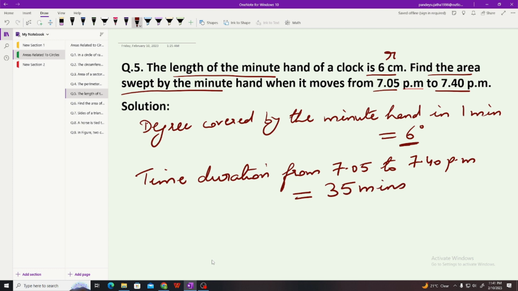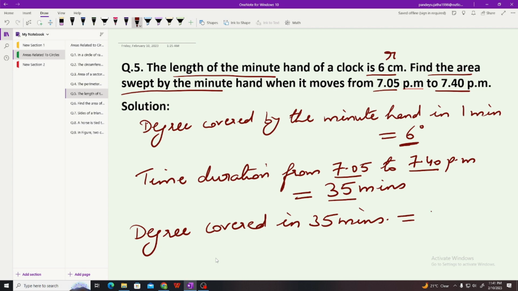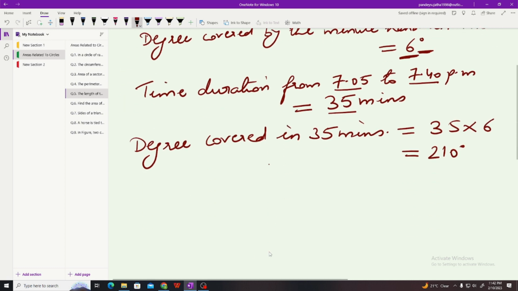When minute hand moves from 7:05 p.m. to 7:40 p.m., it covers 35 minutes. So let's find how much degree it is covering. Degree covered in 35 minutes is equal to 35 into degree covered in 1 minute, that is 6. 35 into 6 is 210 degree. So now let's find the area.